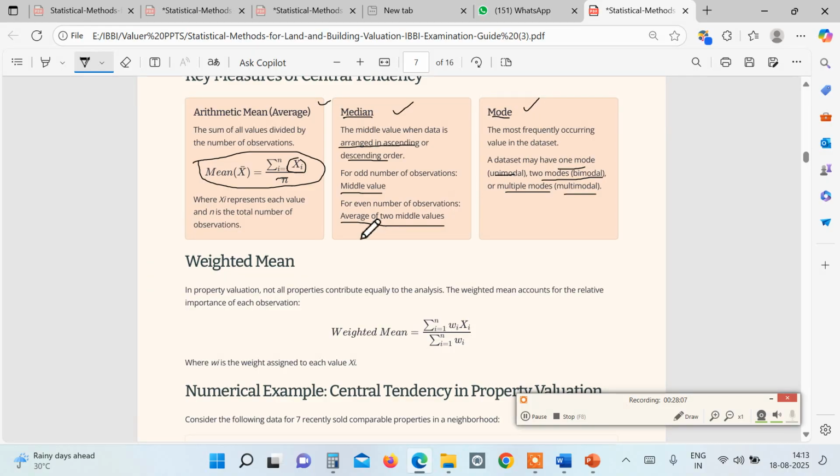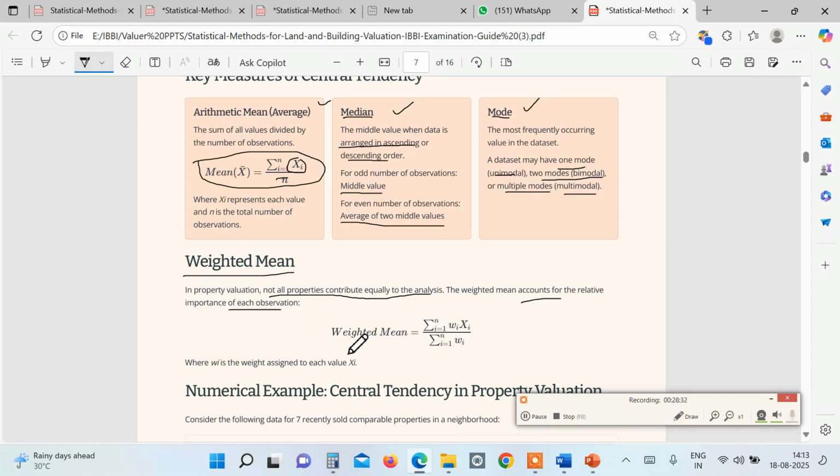Another thing which is also important is weighted mean. Weighted mean is basically calculated in case of property valuation. What happens is that not all properties contribute equally to the analysis. So the weighted mean accounts for the relative importance of each observation.